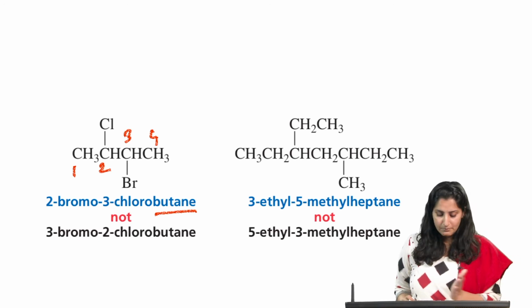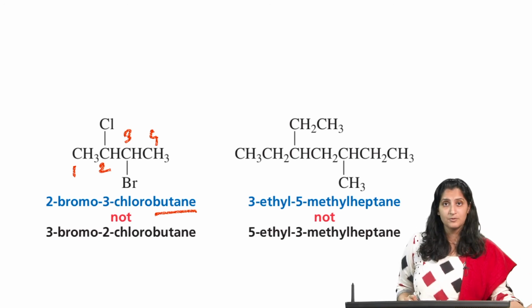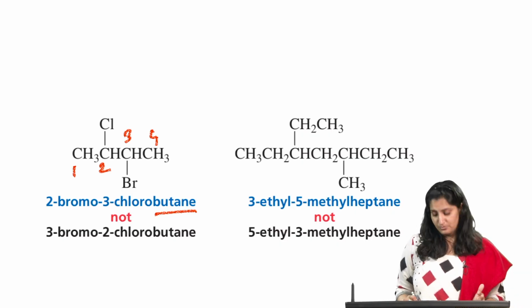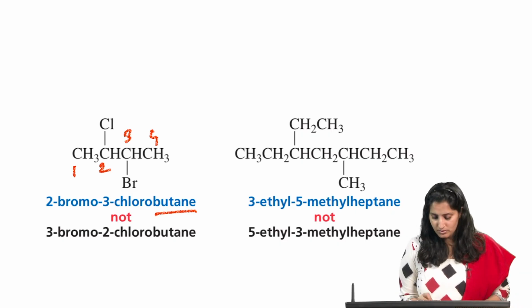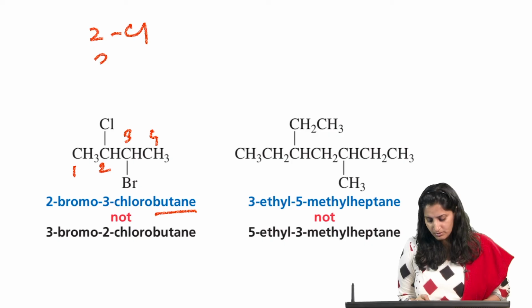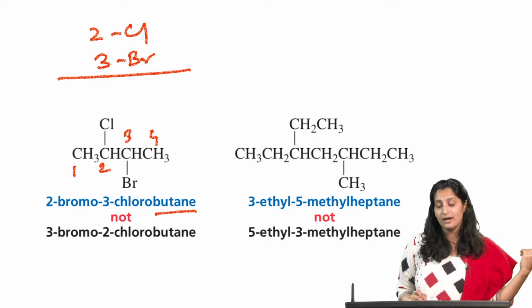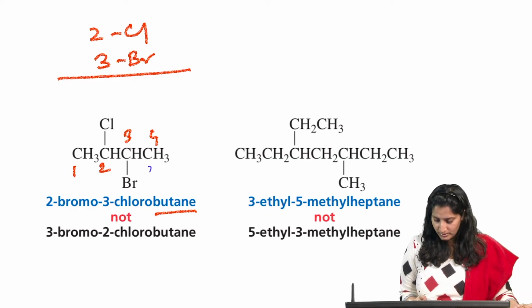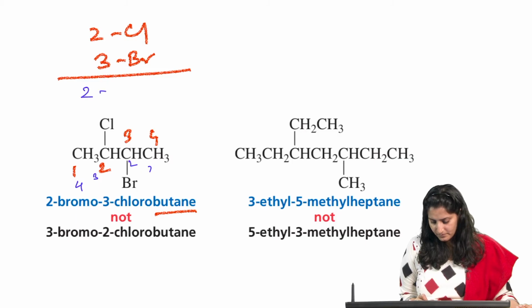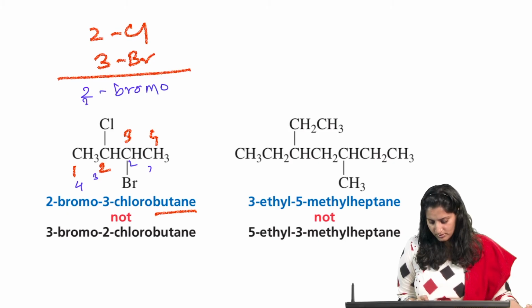Now, I can start numbering such that chlorine gets the position 2 and bromine gets position 3. Okay. So, it will be 2 chloro 3 bromo, that is one option, or if I start going the other way round, which is 1, 2, 3, 4, then it will be 2 bromo 3 chloro.